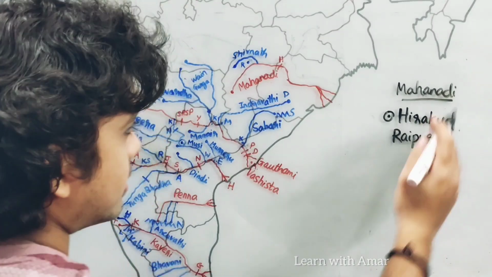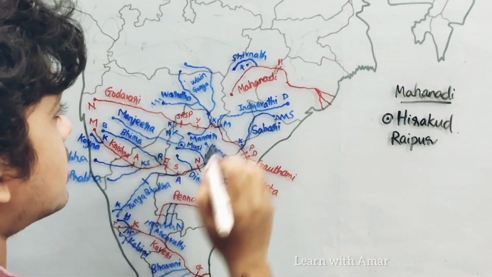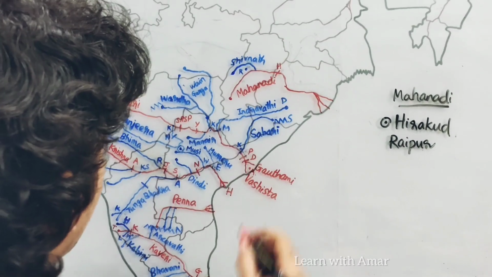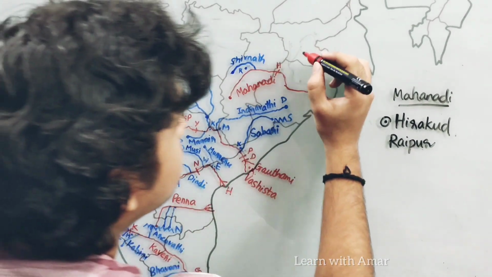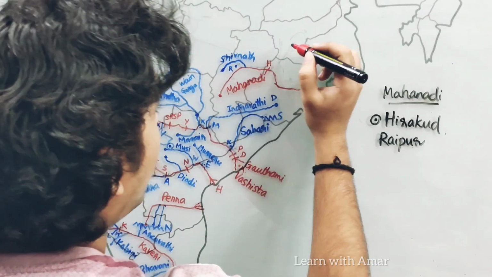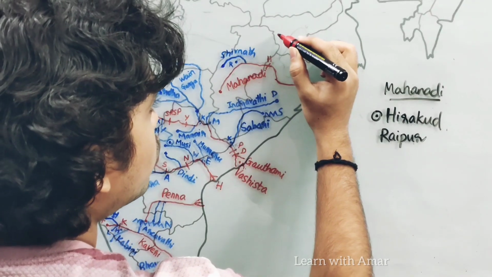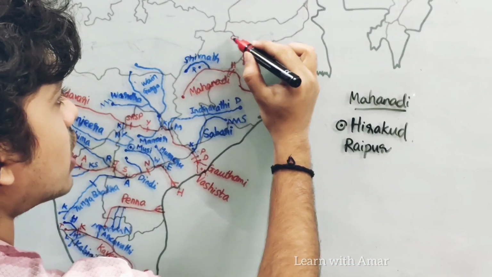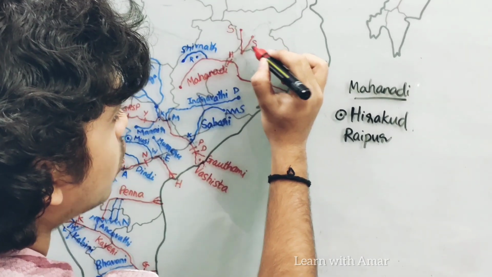Okay, I'll just write the next rivers here itself. Next, we find the other river. This river is formed by two rivers. This is Shank and this is South Koyal.